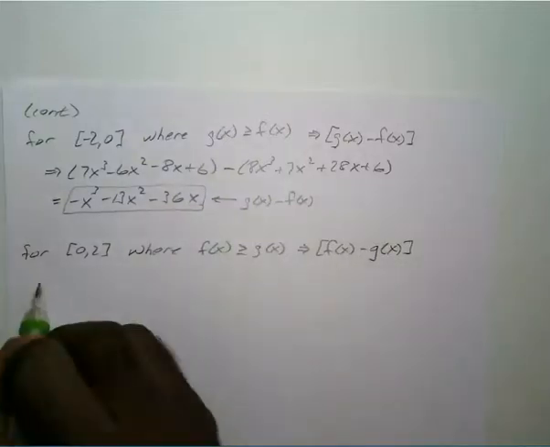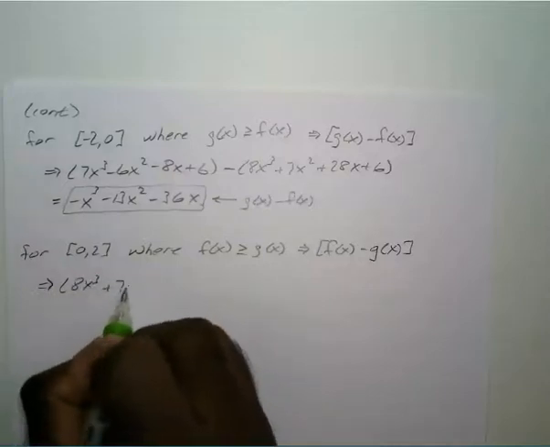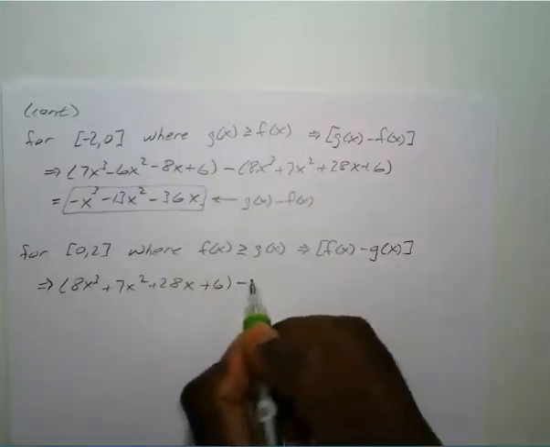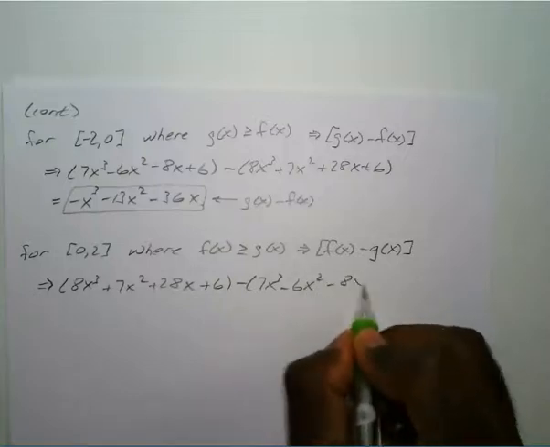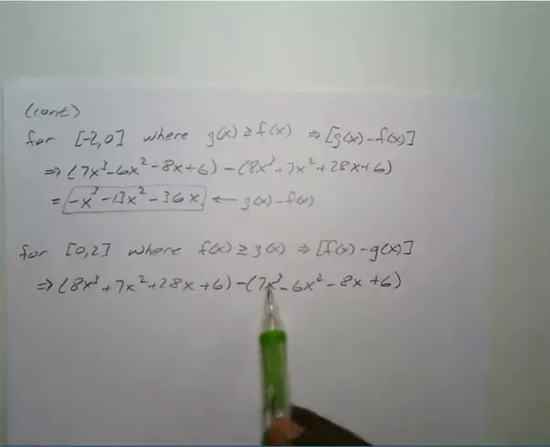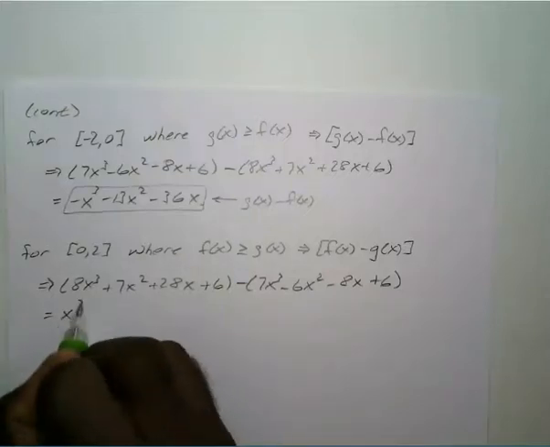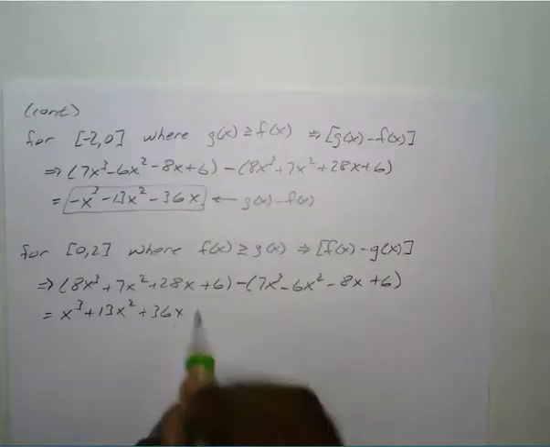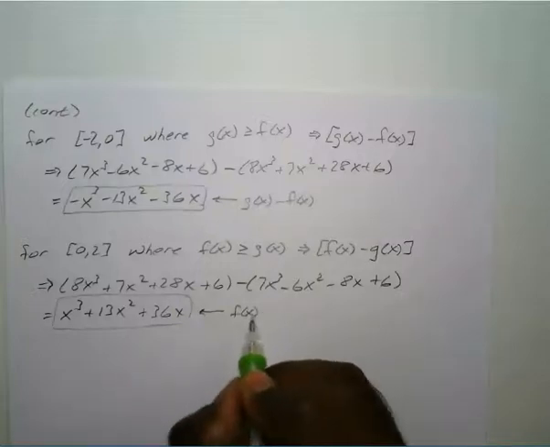Now, f of x minus g of x is just 8x to the third plus 7x squared plus 28x plus 6 minus 7x to the third minus 6x squared minus 8x plus 6. And again, once we distribute our negative and combine all of our like terms, that will equal x to the third plus 13x squared plus 36x. Remember, that's your f of x minus g of x.